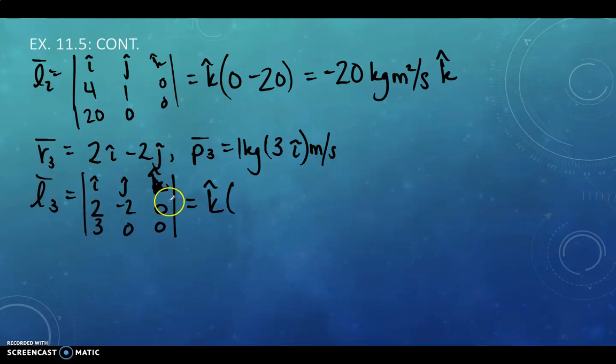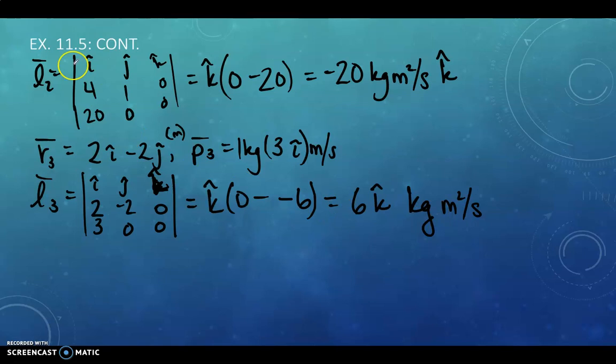We'll have 0 minus a negative 6. So we have 6 k hat. And let's again look at our units. We should have kilograms, and this is again in meters, so we have meters squared per second.